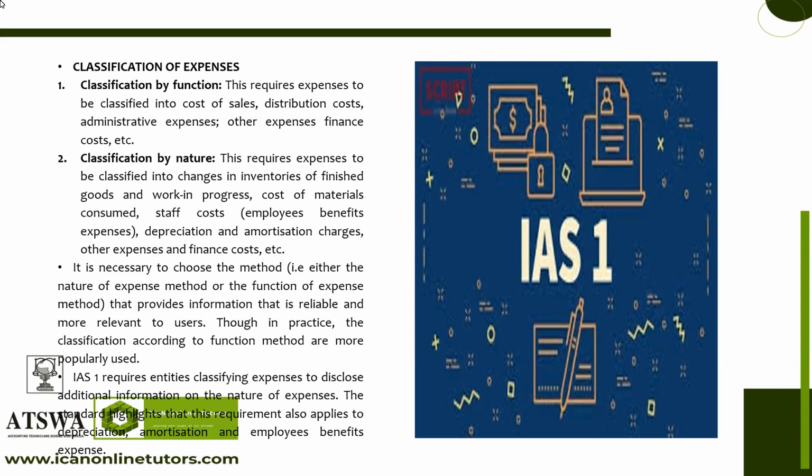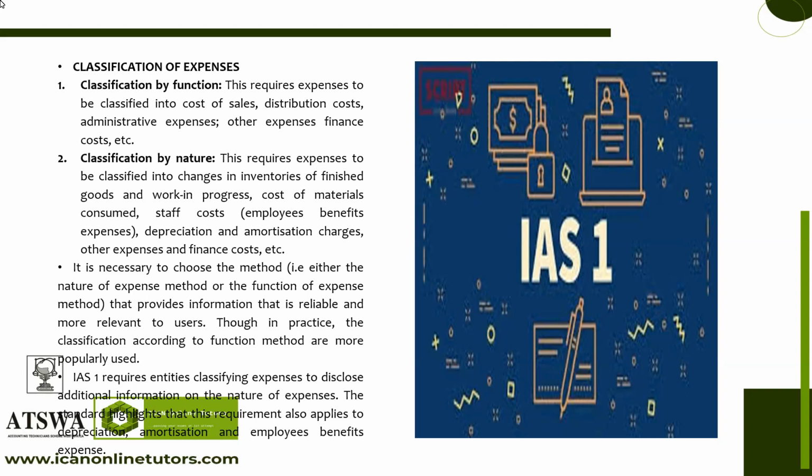You told us about the content of IAS1, and you talked about presentation of financial statements. Then you talked about the general features, that is the going concern, offsetting, frequency of reporting, comparative information, the consistency of presentation. And you also talked about the relevance of information to the users of the financial statements.